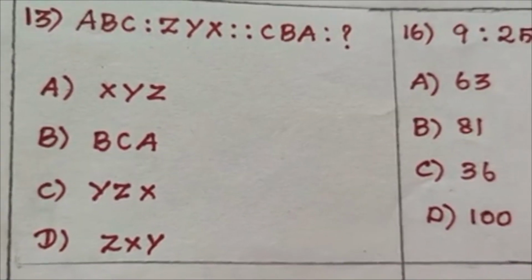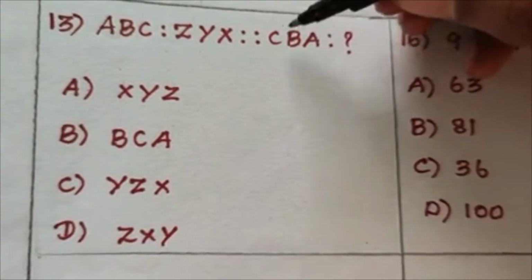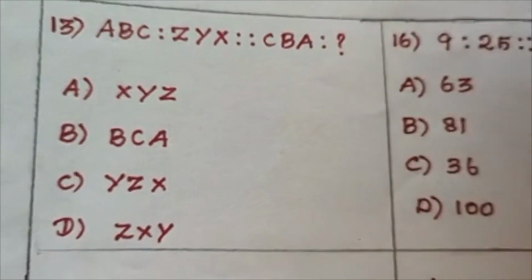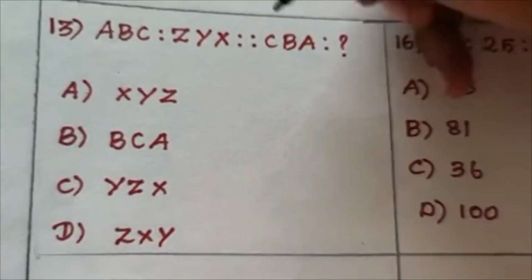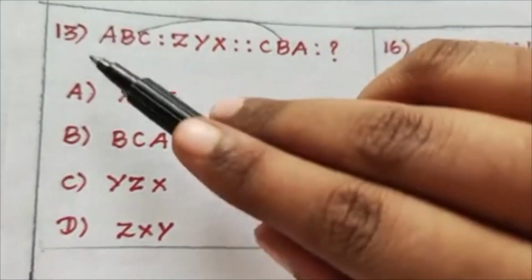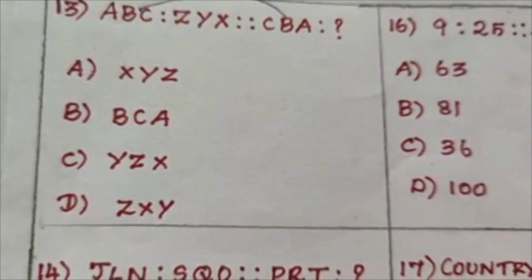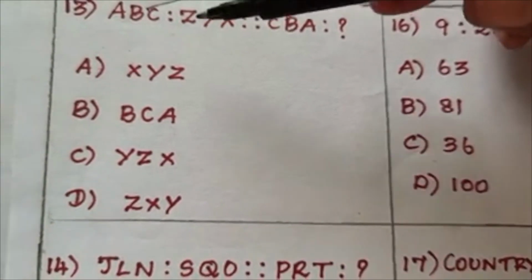So look at the question here. CBA is reverse of ABC, right? ABC, CBA. In the same way, what is the reverse of ZYX?